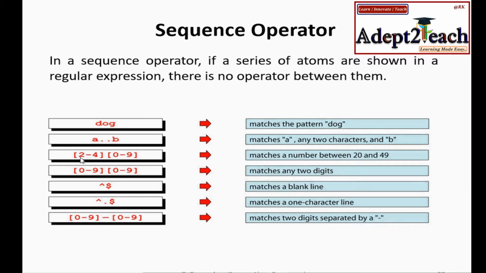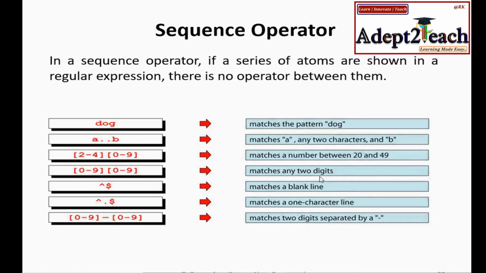So I am restricting my tens place between 2 to 4. That is what I am giving a range. So number has to match between 20 to 49. Then my units place should have 0 to 9. So whatever type of matches it will give, 22, 25, 31, 39, any type of matches between 20 to 49.